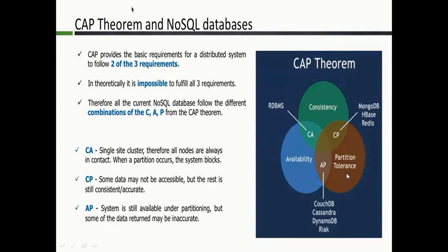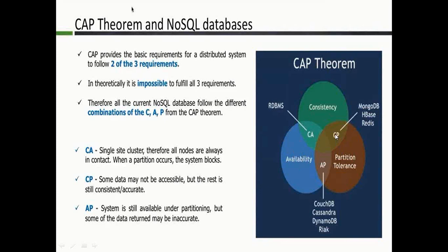We need to prepare for partition failures. If any partition fails, we won't lose the data. That is called partition tolerance. So these three features are consistency, availability, and partition tolerance, which the CAP theorem talks about.